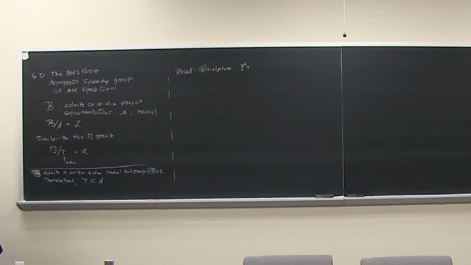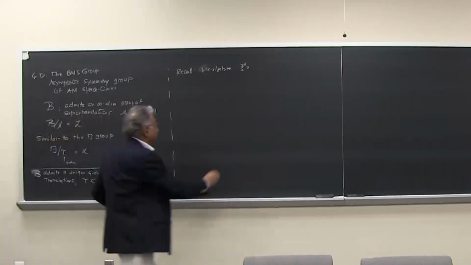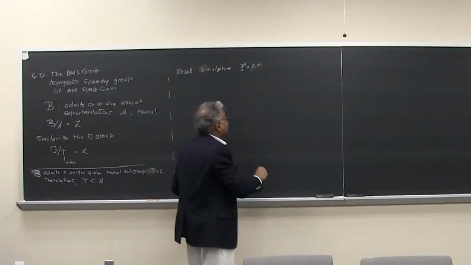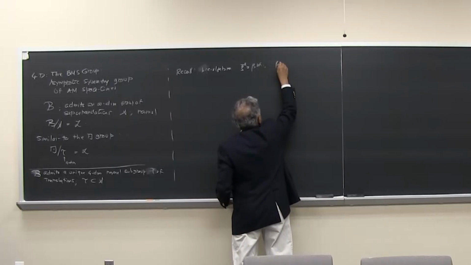Beta. Beta times n^a. And we saw that beta is a conformally weighted scalar field.